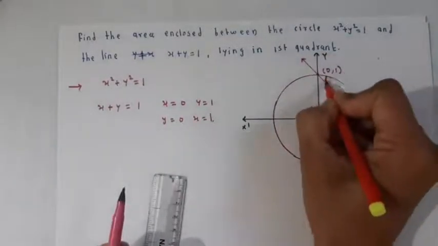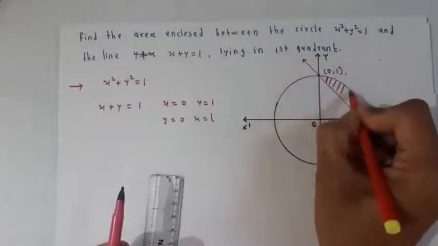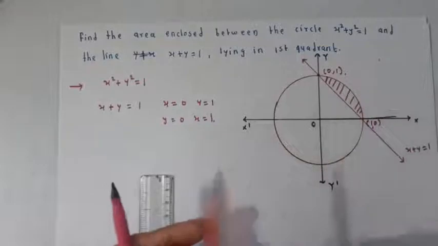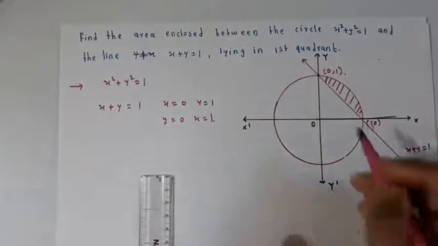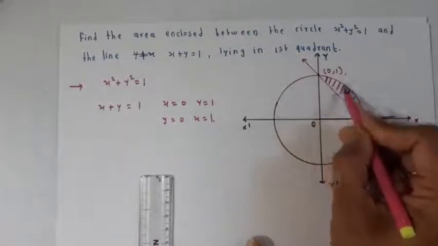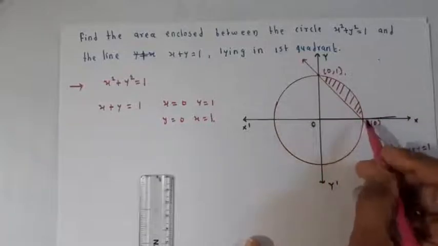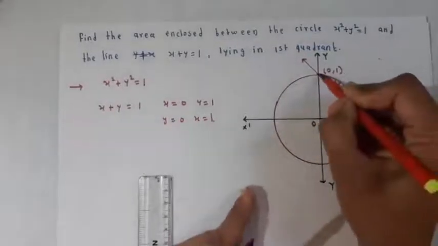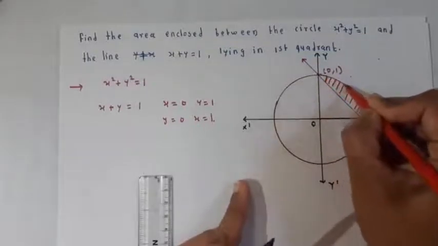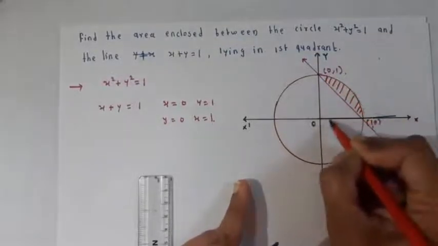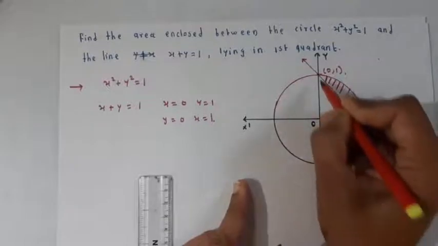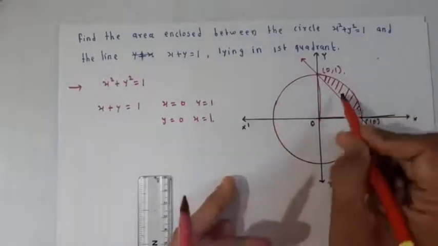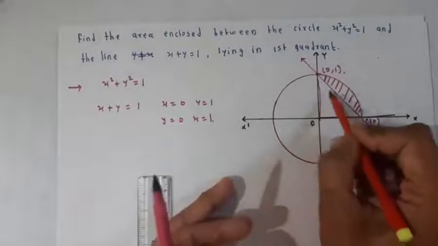To find out this area, we will find out the area due to the circular curve, this is the area A1, minus the triangular area.